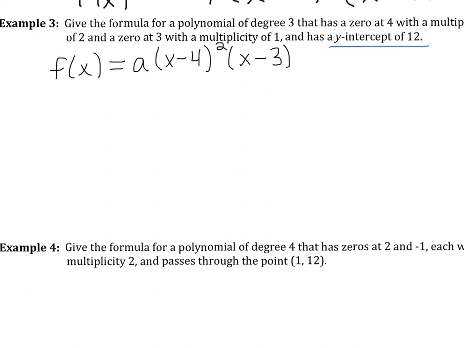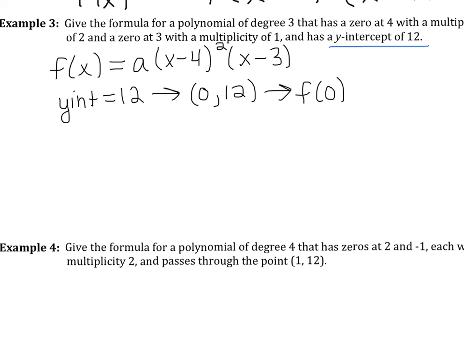So the fact that the y-intercept is 12 tells me that when I input 0 for x, I get out 12 for y. This is also a way to say that the value of function f when x equals 0 is 12. These are all different ways for me to tell you, hey, there's another point on the graph. Okay?